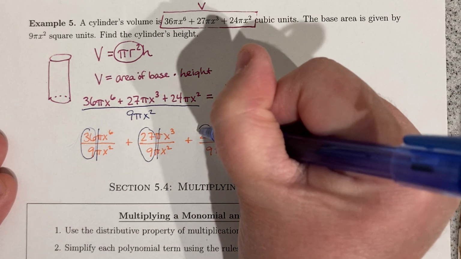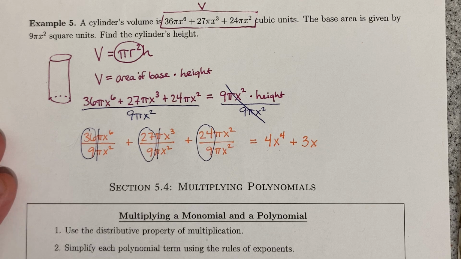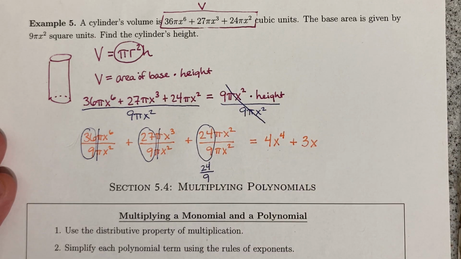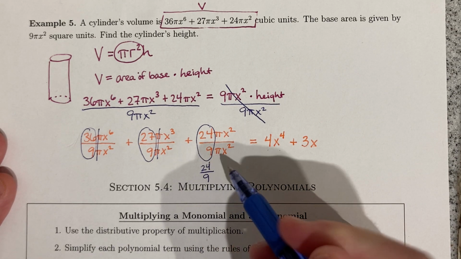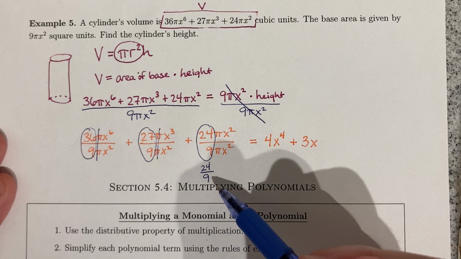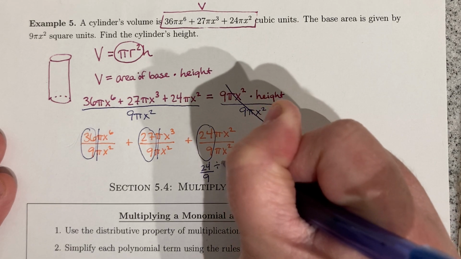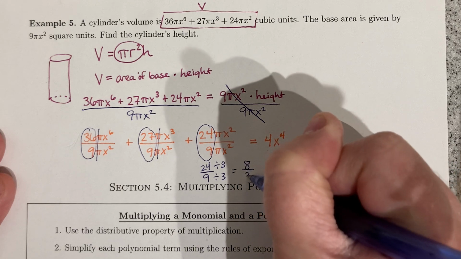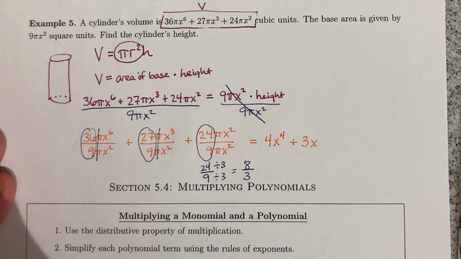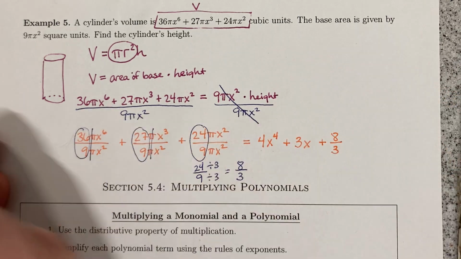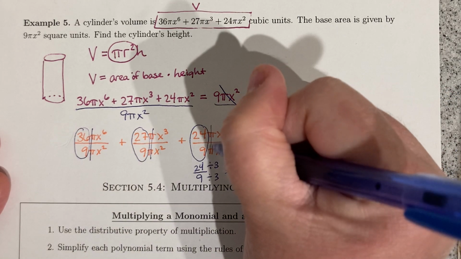Last one, 24 divided by 9. Well, that doesn't divide evenly, but no big deal. We just need to simplify or reduce this fraction. So we got to think about, well, what can we divide both 24 and 9 by? And the only thing that multiplies to the 9 is 3 times 3. So let's try 3. Divide by 3, and we get 8/3. So 8/3 is just going to be in our answer. It's fine to have fractions. Just like the other ones, the pi's cancel.